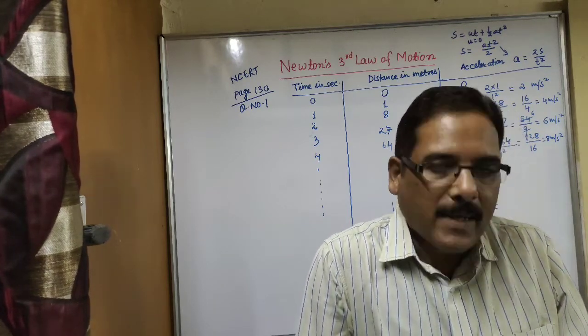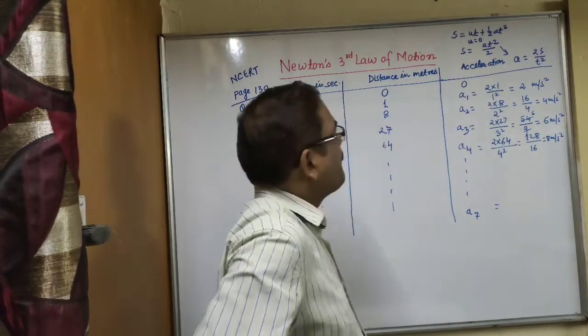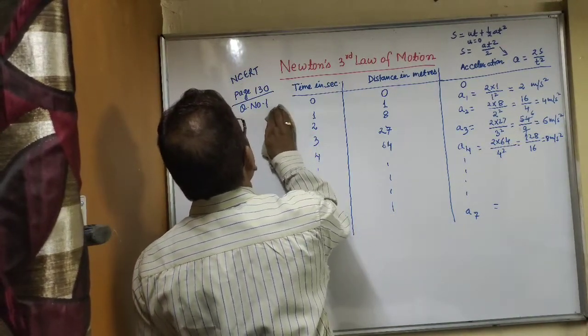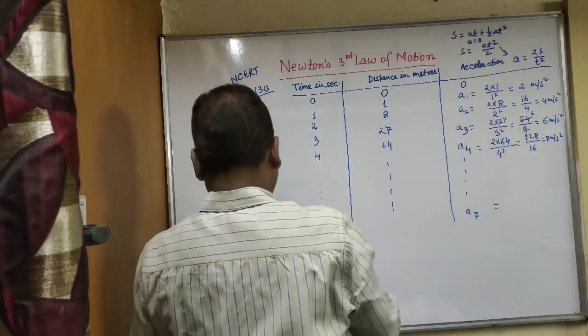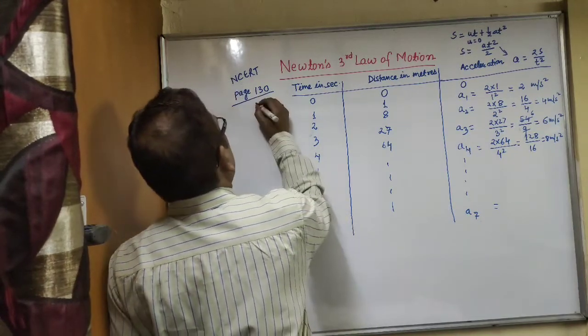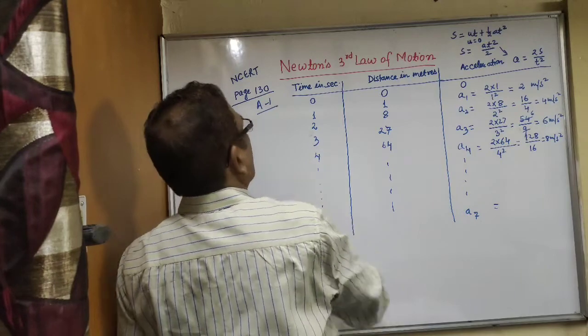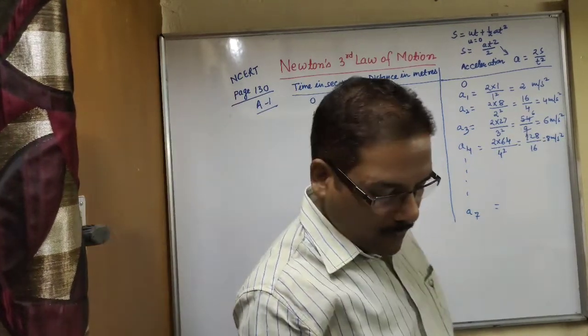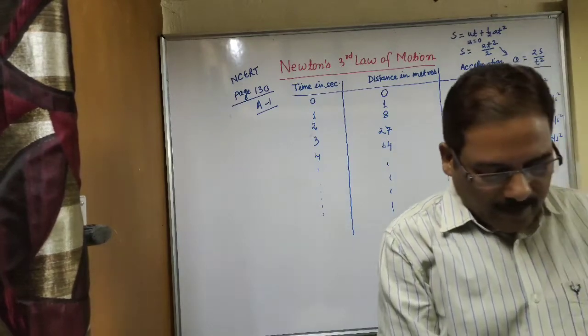A hammer of mass 500 gram. Okay, now we will solve question number A3. Earlier we solved A1, the numbering is different. Now we are solving A3.